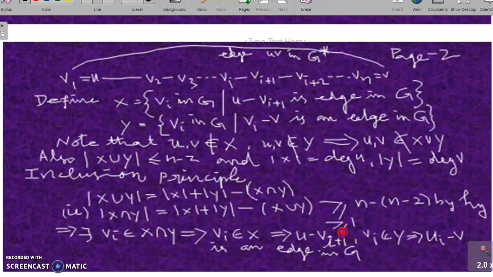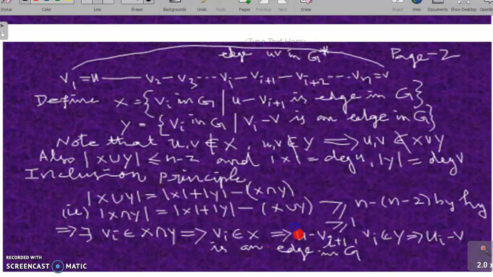That is, the absolute value of X intersection Y is greater than or equal to 1, implies there should be at least one vertex, one vertex that must belong to X intersection Y, which implies vi must belong to X as well as vi must belong to Y also.